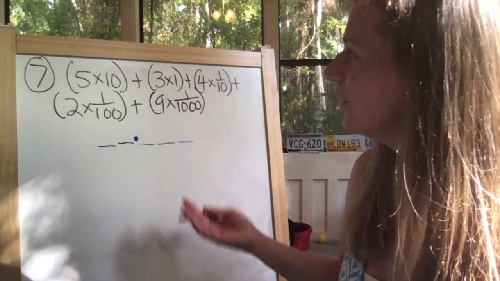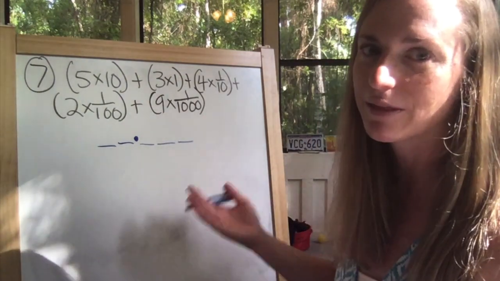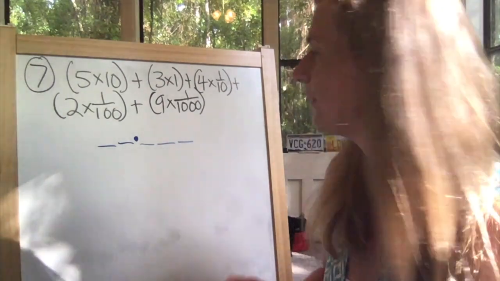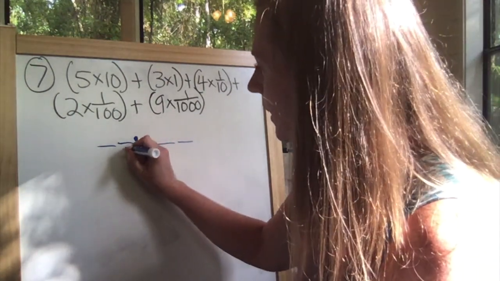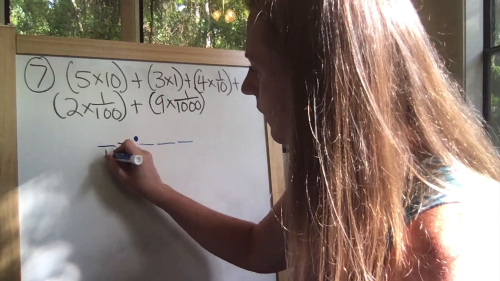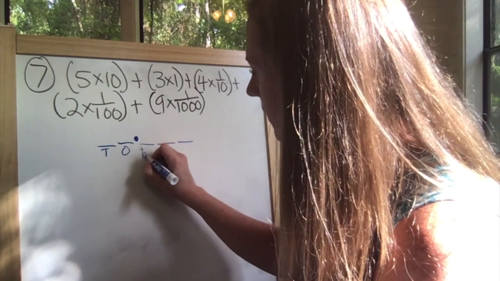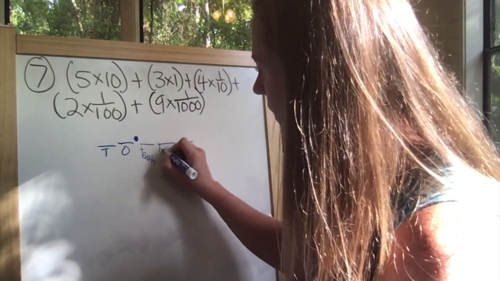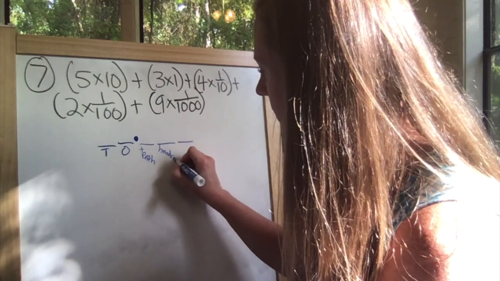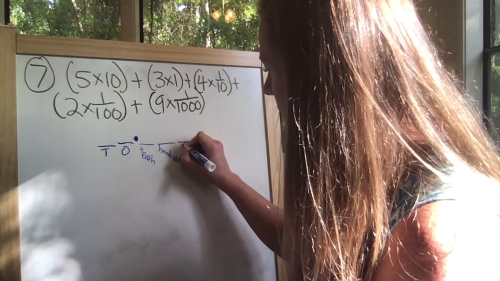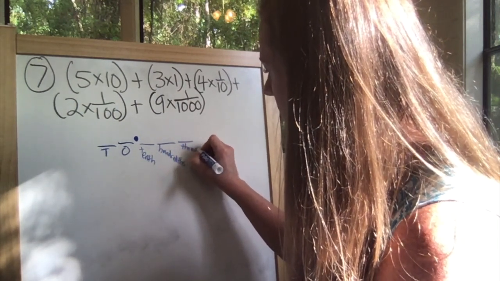And now we put the digits where they go in that place value. We can label these if it helps us: tenths, hundredths, and thousandths.